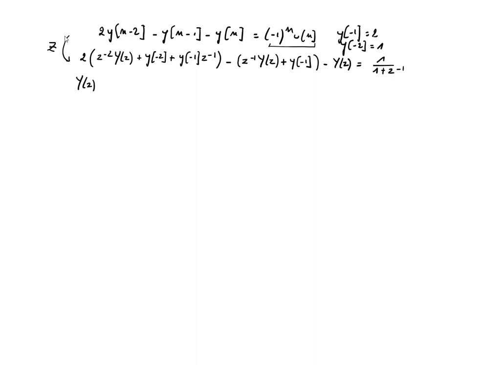So we have 2z^-1 minus 2, we have minus z^-1 minus 1, and then we'll take all the initial conditions on the other side, so we'll have minus 2y[-1]z^-1 minus 2y[-2], and we'll have plus y[-1] plus 1 over 1 plus z^-1.